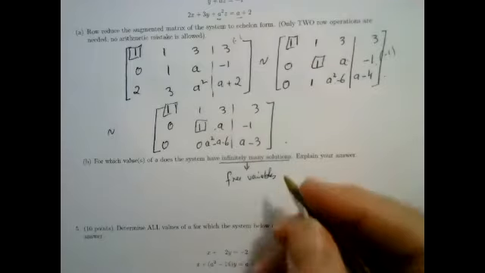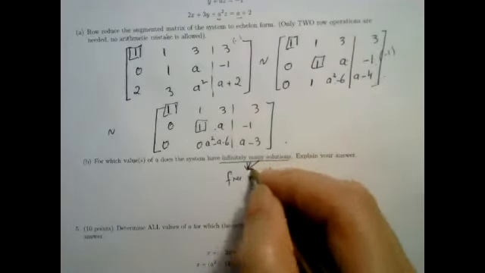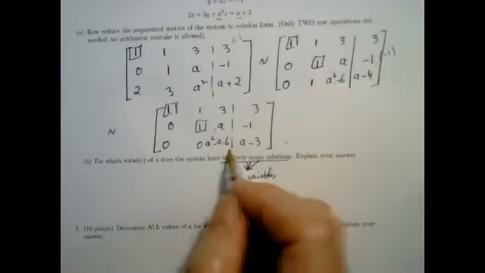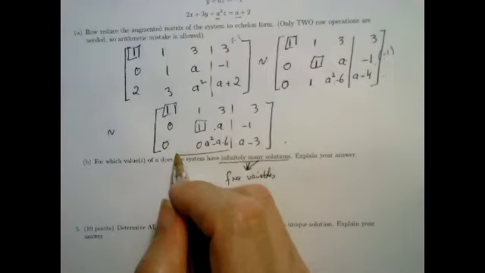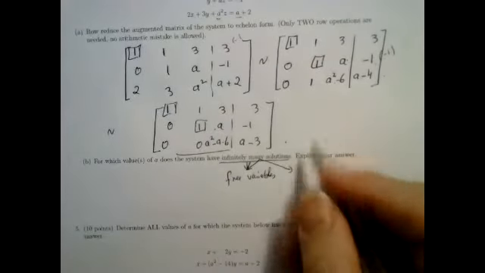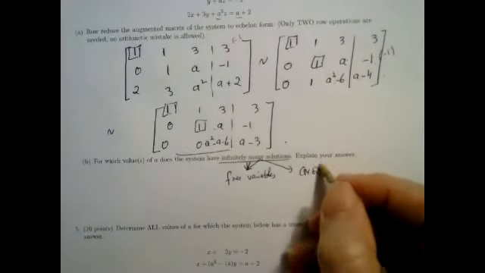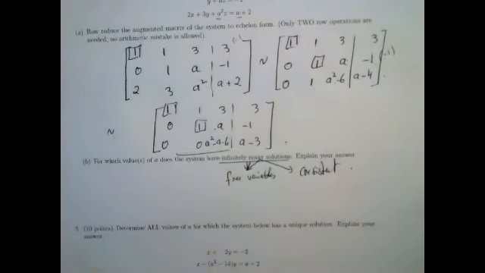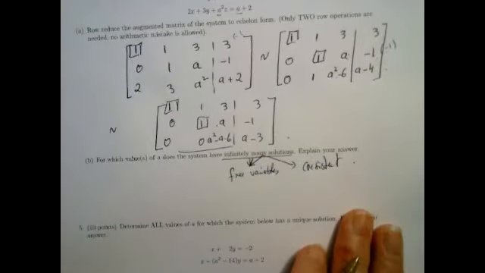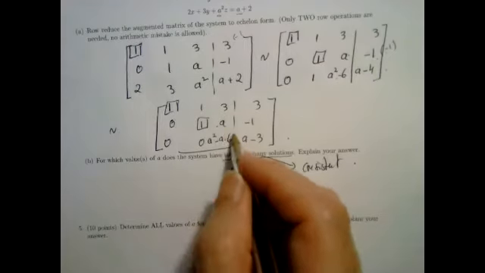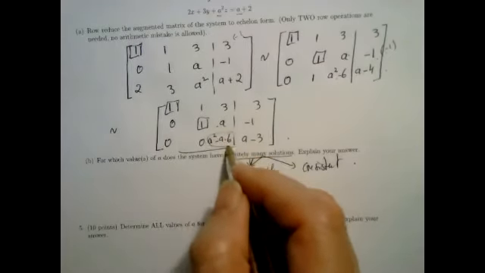So for us to be able to solve, we have to make sure that if we have a free variable, in a way, it means we have a column to the left of the last one that doesn't have a leading, and we have to guarantee the consistency of the system. That's how we can guarantee the consistency. So for this to occur, I definitely want a free variable here.